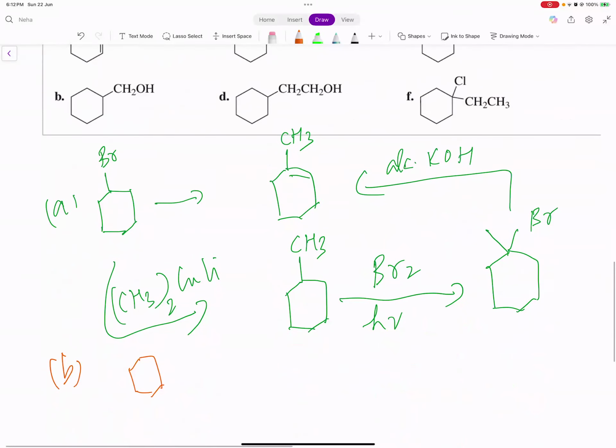So I make a Grignard, MgBr, and then we get the OH group. Because it's a primary alcohol, I must add it to formaldehyde. Only then I'll get a primary alcohol. Got it?